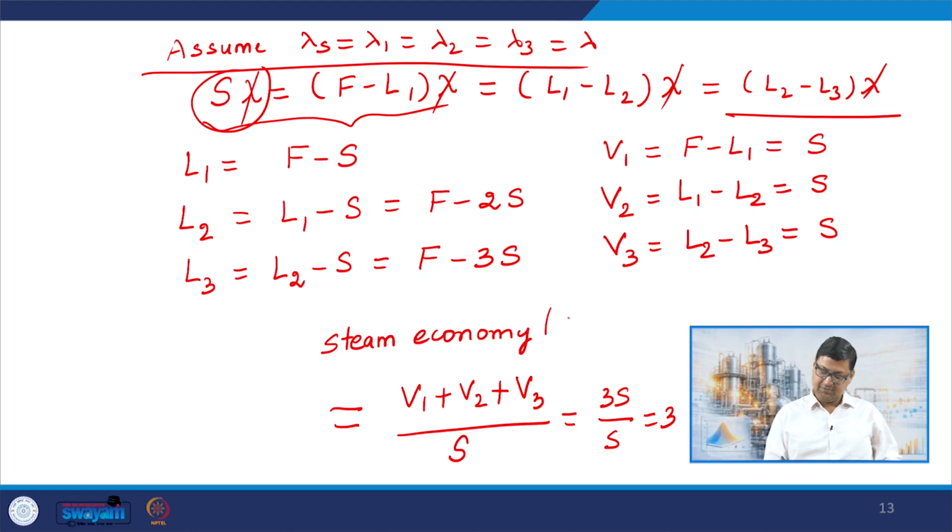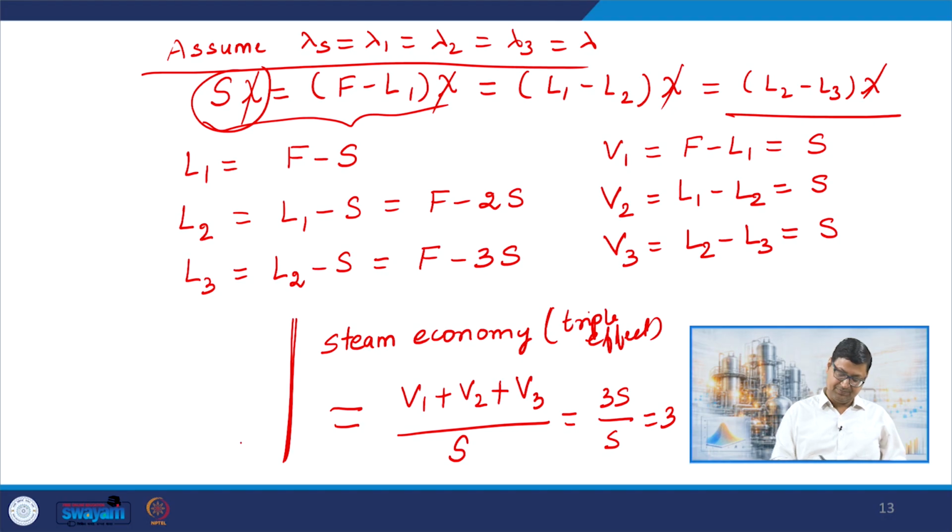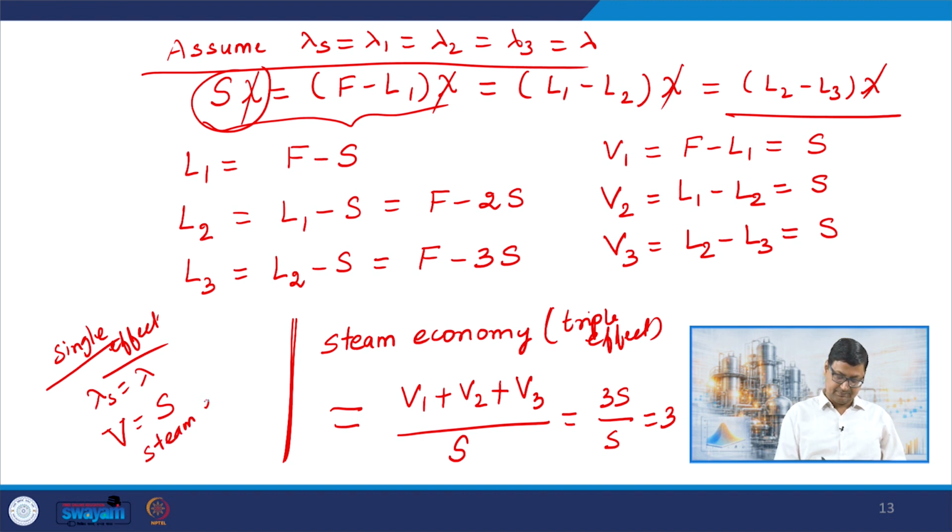So, this is for the triple effect evaporator. On the other hand, if I had a single effect, and if I still assume that lambda is equal to lambda in that case, my V will be equal to S still, but the steam economy is going to be V by S, that is equal to 1, right.